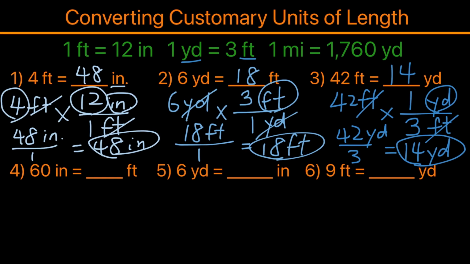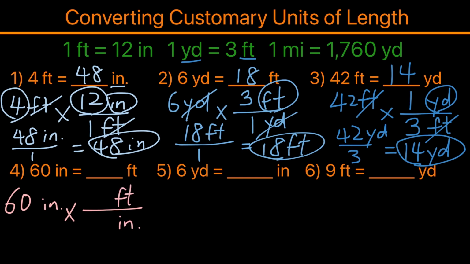And for the fourth example, we have 60 inches converting to feet. 60 inches converting to feet. So we need the inches on the bottom and we need feet on top.